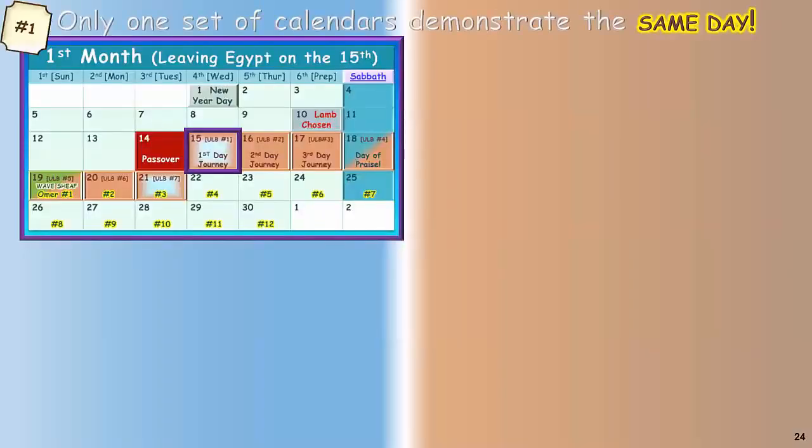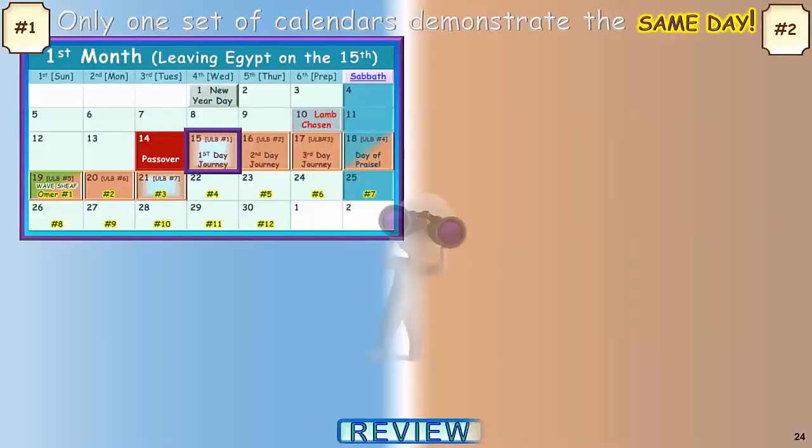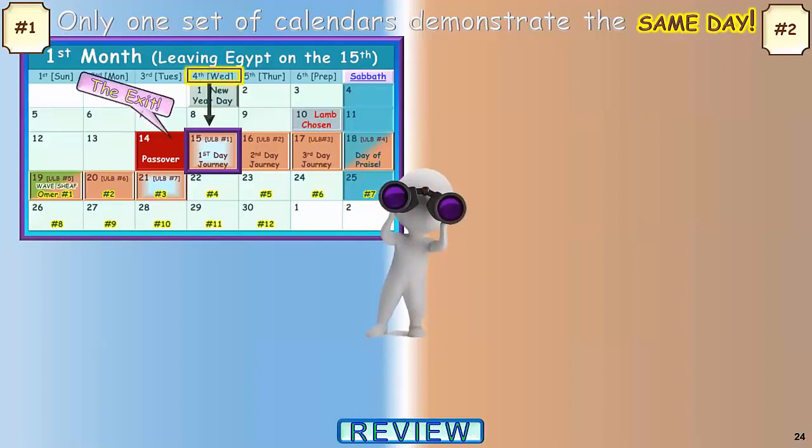Here we are. One chart one side, second chart on the other side. Only one set of calendars demonstrate the same day. So here we are. We're the fourth cycle of the week, and it is the first Sabbath of unleavened bread, and it is the 15th of the month.